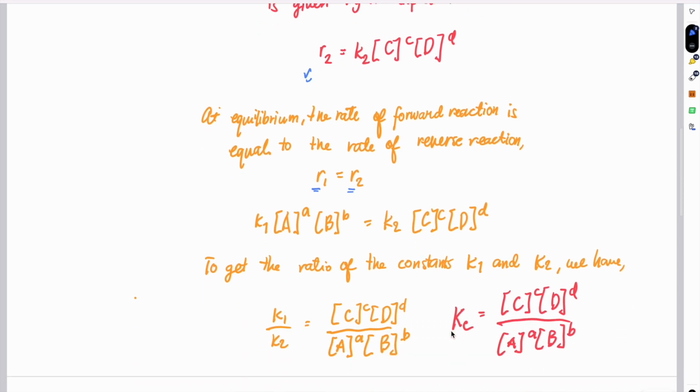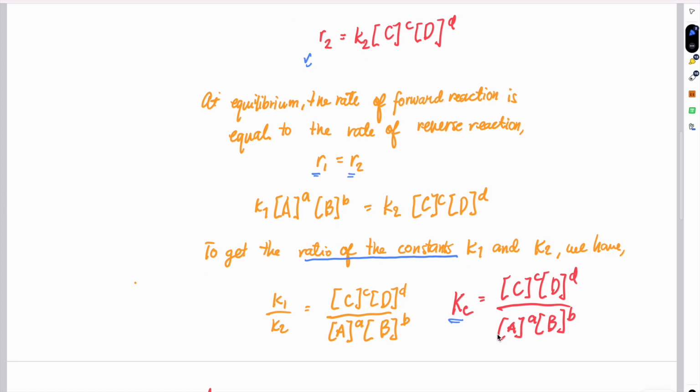To get the ratio of the constants K sub 1 and K sub 2, we have K sub 1 over K sub 2. You can denote this by K sub C, the equilibrium constant. So C here doesn't mean the word constant, but C here is for concentration, meaning either molarity or molality. Okay? So this is the final equation.